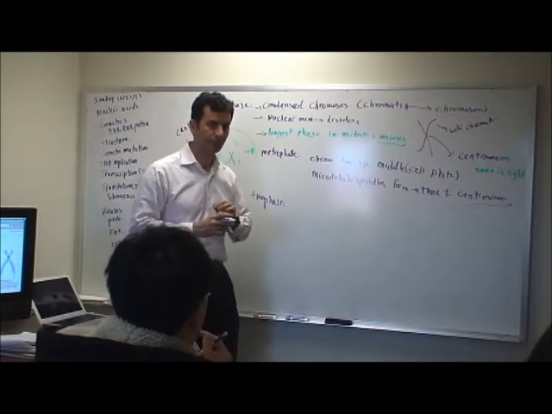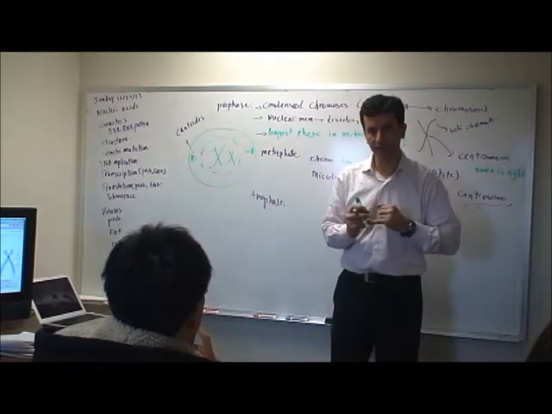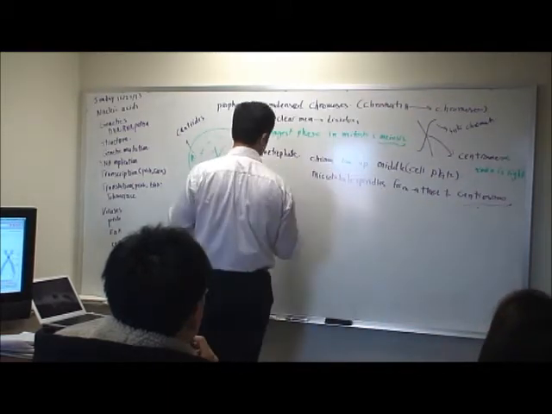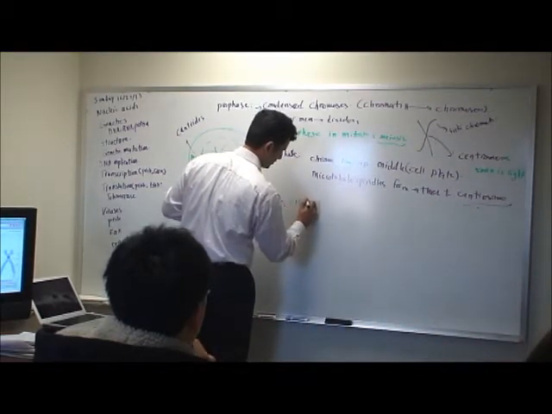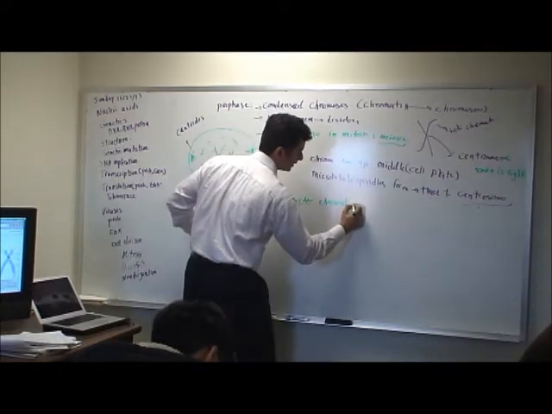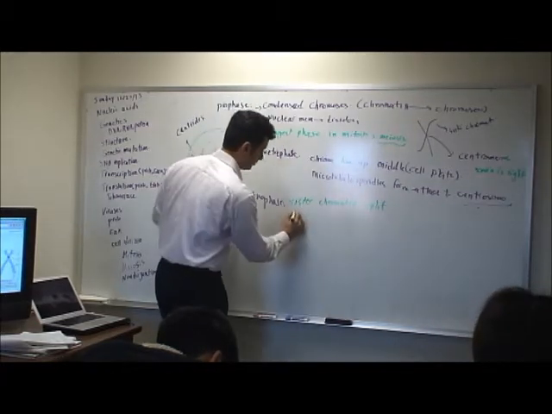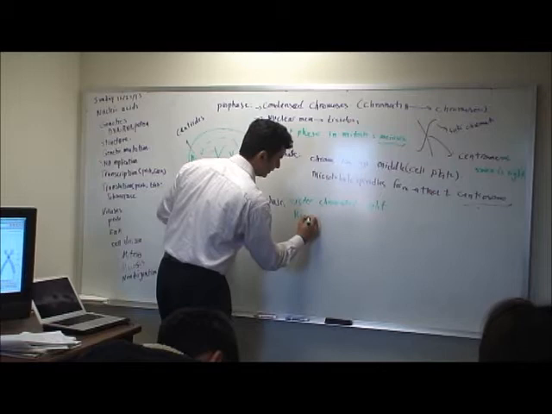They split. They get pulled apart by the centrioles. You have to tell me what splits. The sister chromatids split away from each other because they're pulled apart by the spindle fibers. Sister chromatids split. There is something I want you to know called the kinetochore.